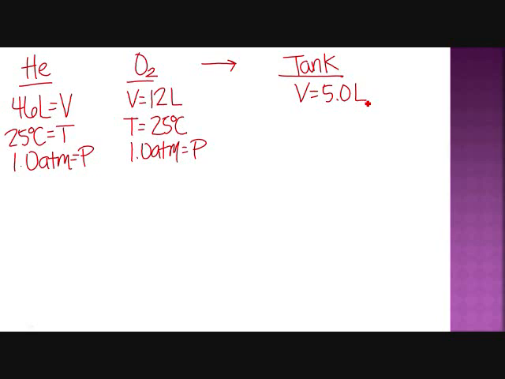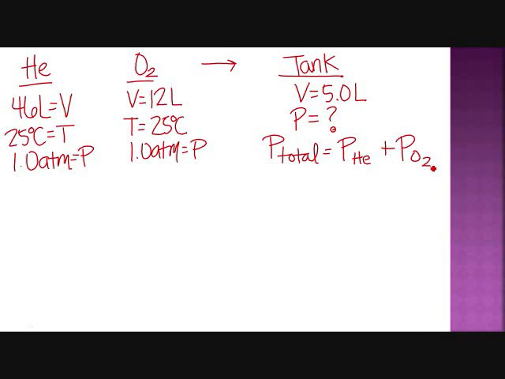And we want to know the total pressure in the tank when they're added together. Okay, so eventually what we'll do is, for the tank, we need the partial pressure of helium plus the partial pressure of oxygen.